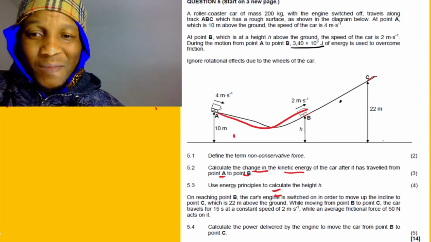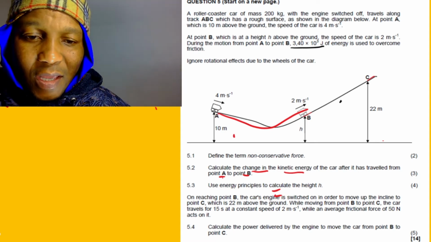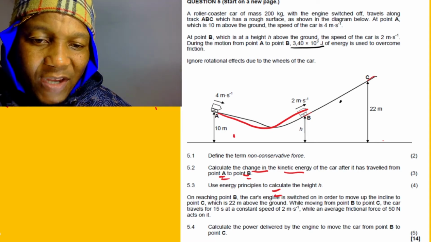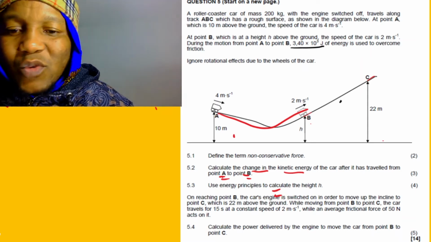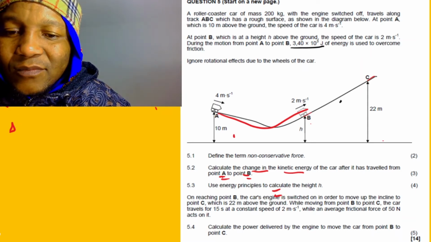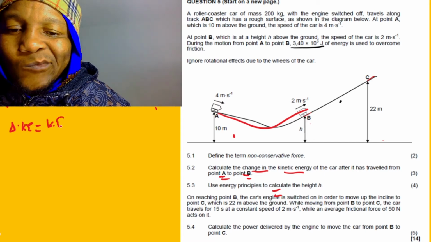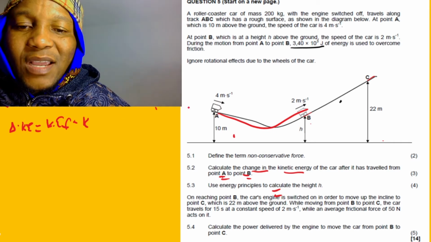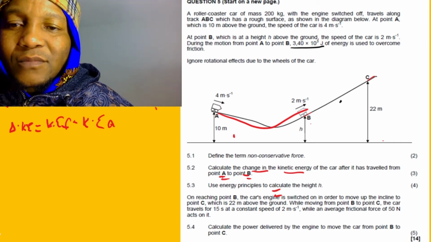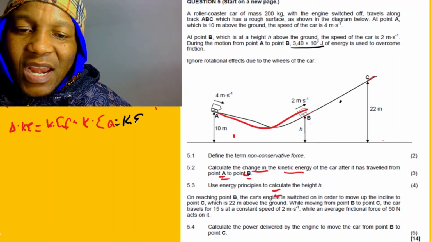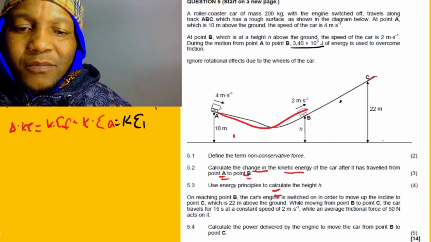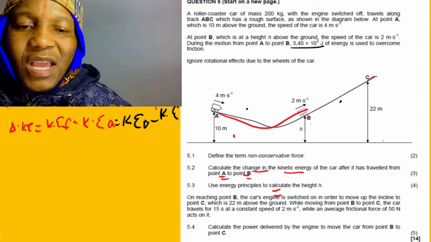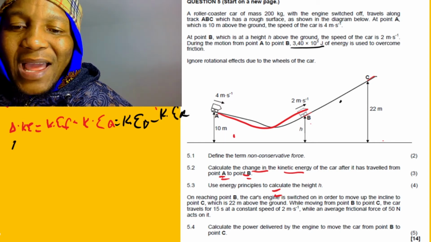It means I'm moving. So now we're going to calculate the changing kinetic energy of A to B, meaning final is B. So changing kinetic energy equal to kinetic energy final, or we can say kinetic energy at B, minus kinetic energy initial, which is kinetic energy at A. So we plug this in the calculator.